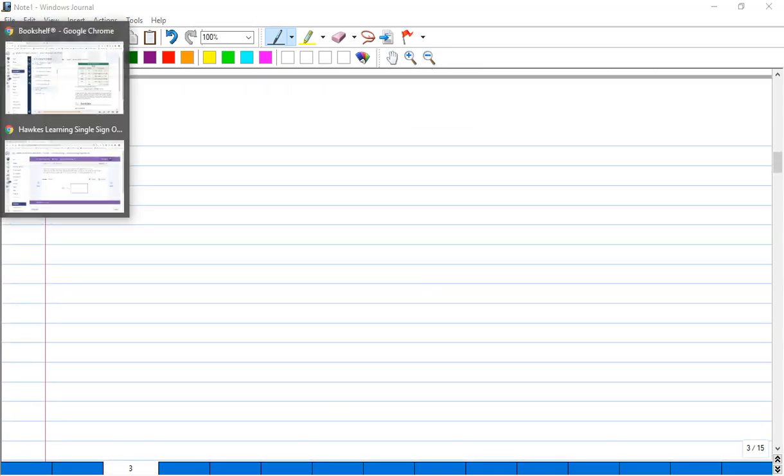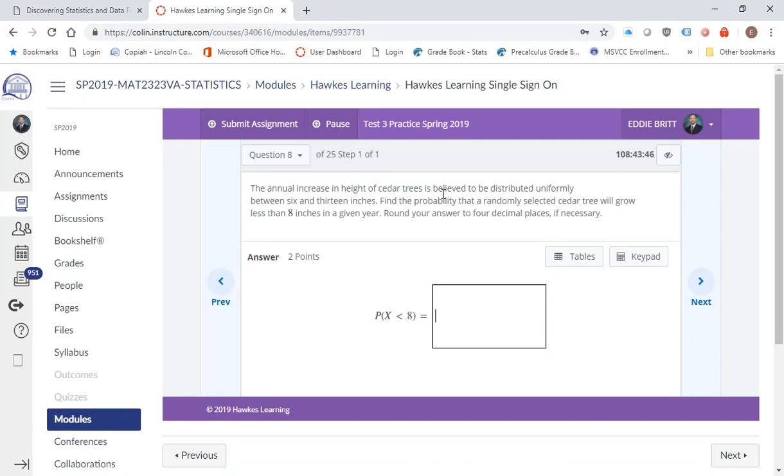This problem said that cedar trees will grow between 6 and 13 inches each year. Find the probability a randomly selected cedar tree will grow less than 8 inches in a given year.